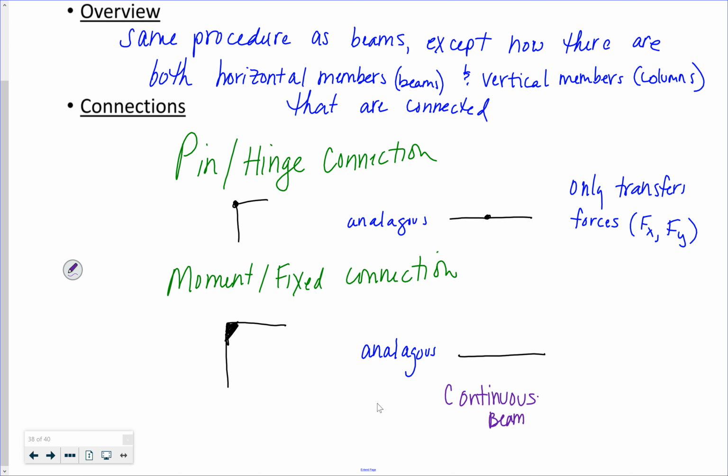So a fixed connection transfers both forces and moments.